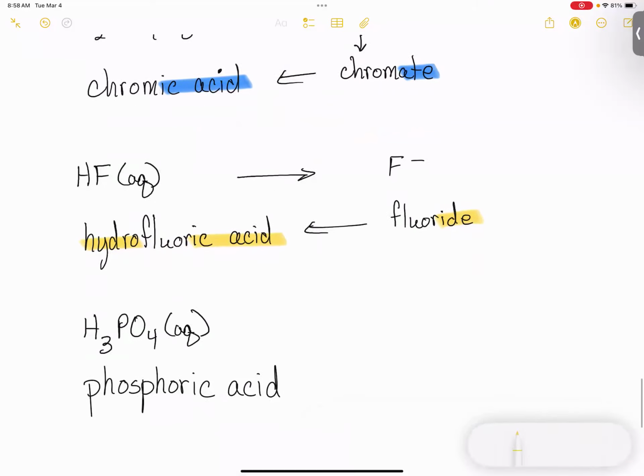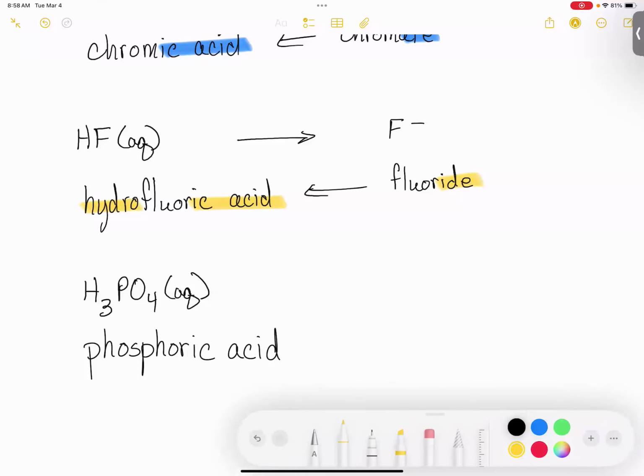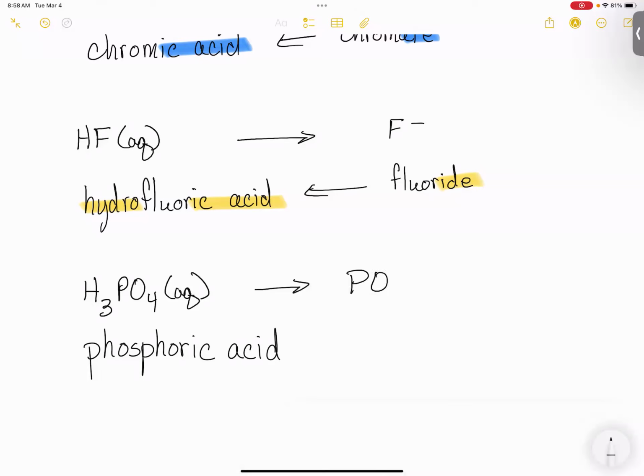The last one came from the anion PO4 3-, which is phosphate.